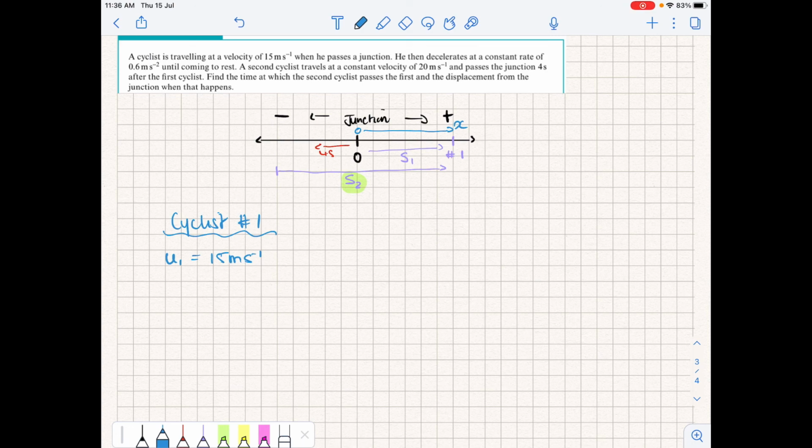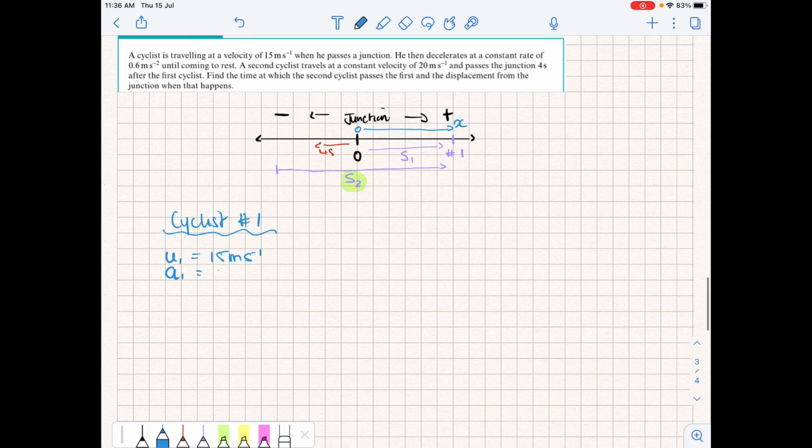We know the acceleration for the first cyclist is negative 0.6 meters per second squared because it's deceleration. And we also know that the final velocity, while not important, we will just list it, is going to be 0 because this cyclist is going to come to a rest.